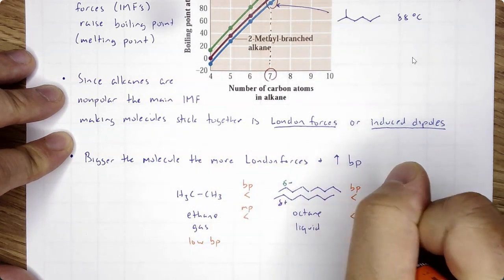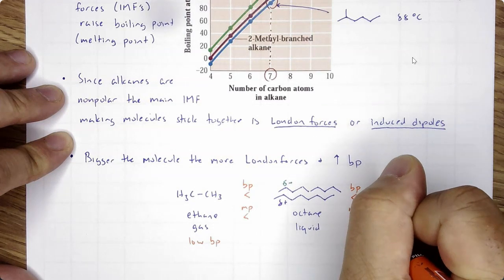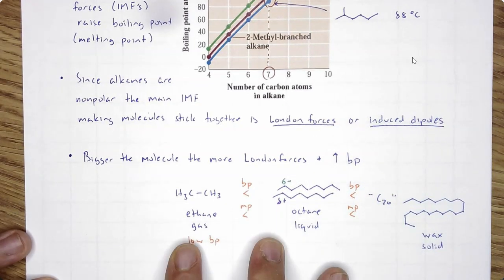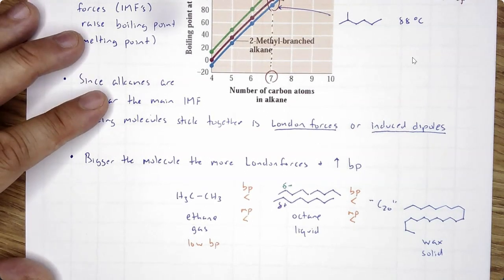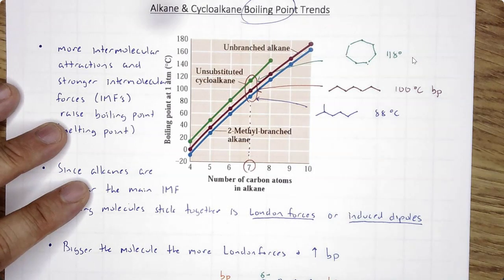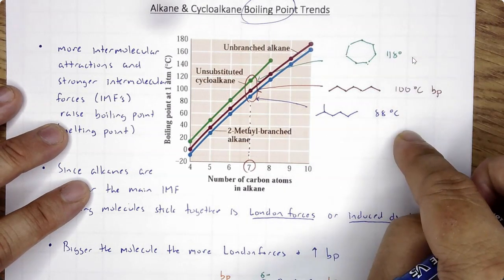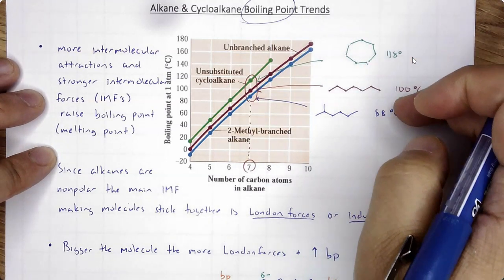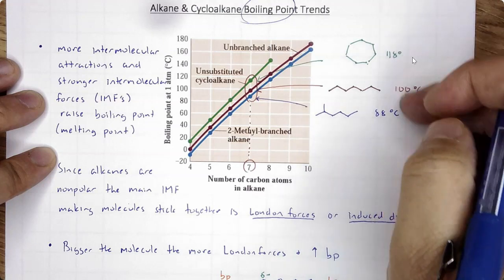But really for alkanes, we're really more concerned about boiling point. Okay? Now, these all have the same number of carbons, 7 carbons. And so how do we explain these trends? Is there a rationale that the boiling point trend is in this direction?